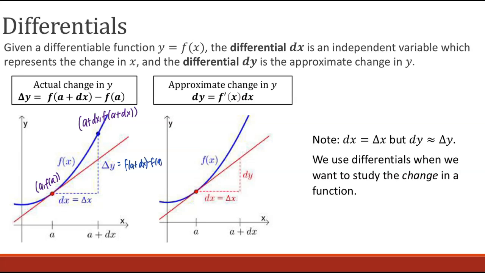I'm subtracting the two y values. So that's the actual change in y. I'm on the function at a, f of a, and I'm on the actual function at a plus dx, f of a plus dx. So this small change in x here led to this actual change in y, this delta y value, found by subtracting the two output values of those two coordinate points.